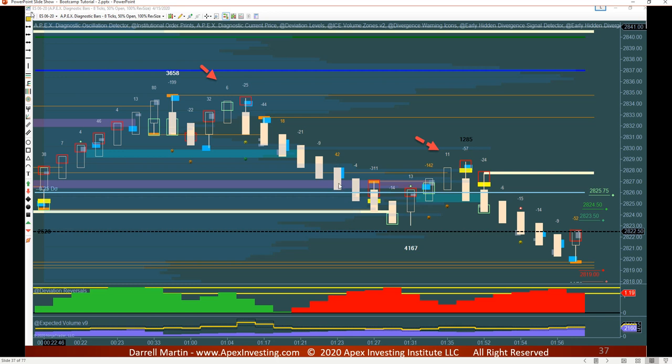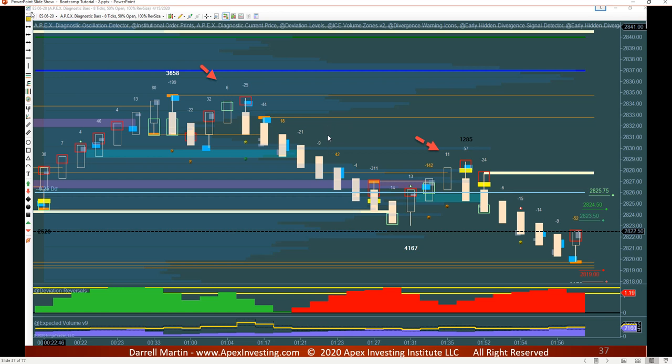So even though there were more buyers overall, the bar ended up closing down because price got rejected. Buyers started to come in, and they couldn't hang on to it. Price wanted to go lower. So it's a divergent bar. But don't get caught up in that right now. We'll get into that in some other trades. But that's volume score. That's what that is on the chart.